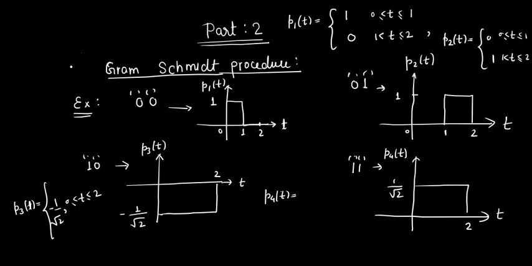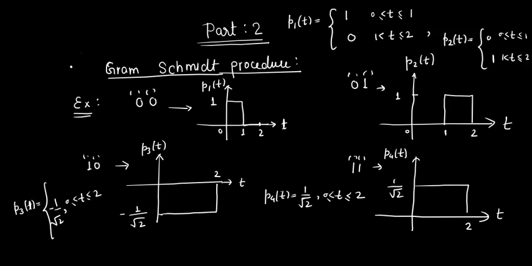Your P4(t) is 1 by root 2 for t. So what would be your first step? What would be your first step? Am I audible?